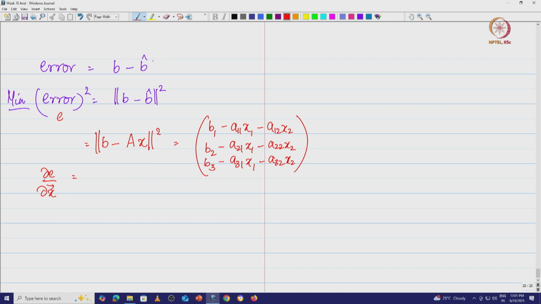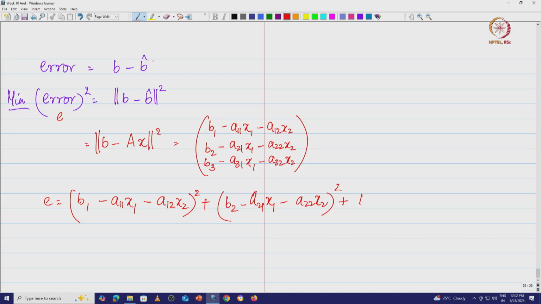Now I want the squared length to be minimized, so I will take the square. So E is going to be b1 minus a11 x1 minus a12 x2 the whole square, plus b2 minus a21 x1 minus a22 x2 the whole square, plus b3 minus a31 x1 minus a32 x2 the whole square. This is what we have.